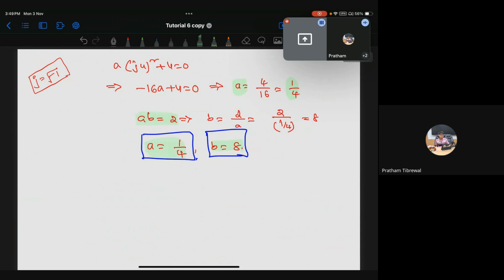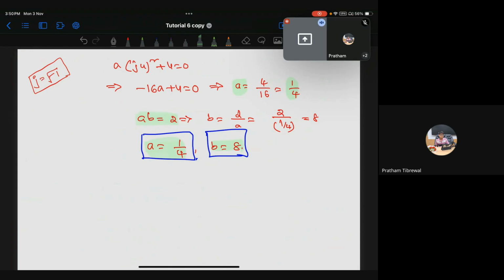For these values, the system will become marginally stable for the given frequency, so it will oscillate at that frequency. For A is 1 by 4, B is 8, the condition given in the question is satisfied. It will oscillate with 4 radians per second.